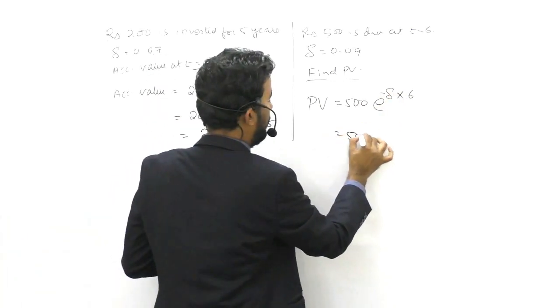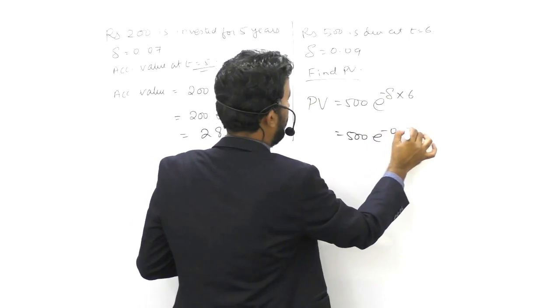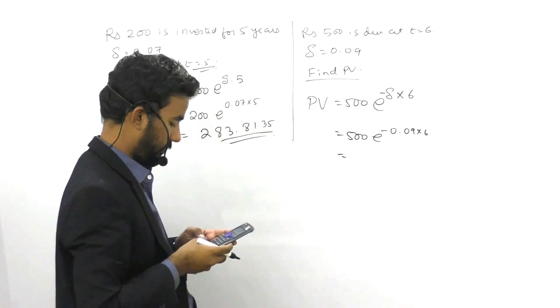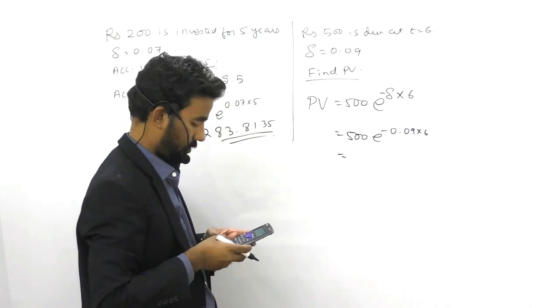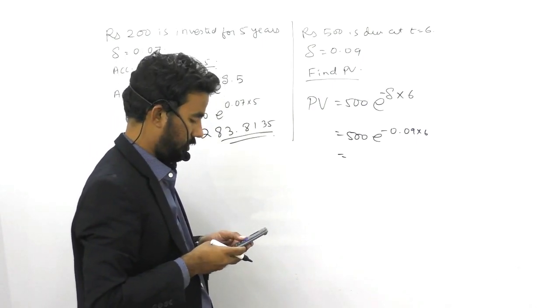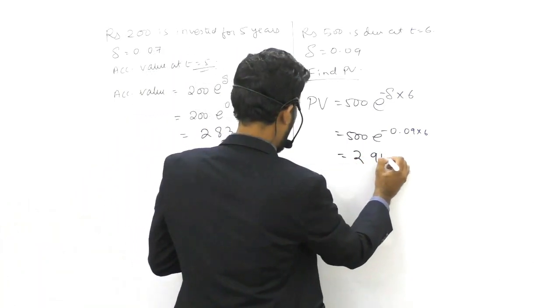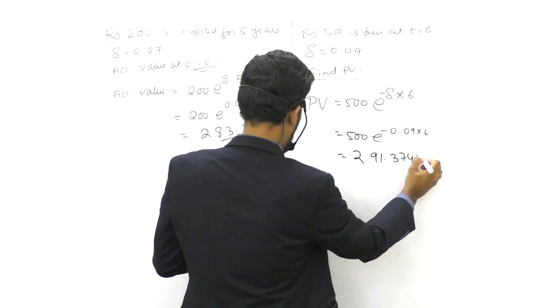So 500 e raised to minus 0.09 into 6. Let's see what is the answer. 500 into e raised to 0.09 into 6, and that should be negative. So the answer is 291.374126.